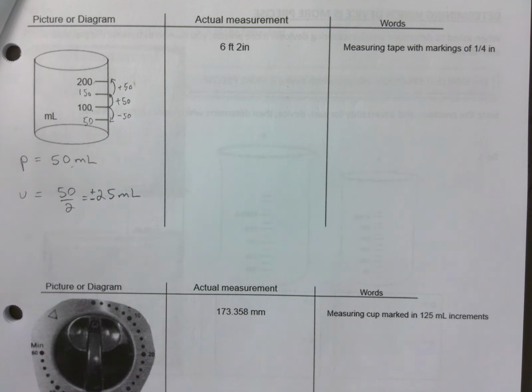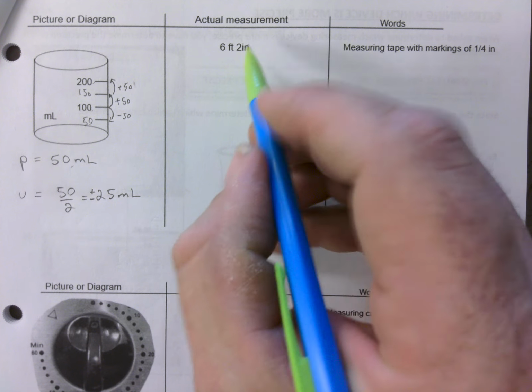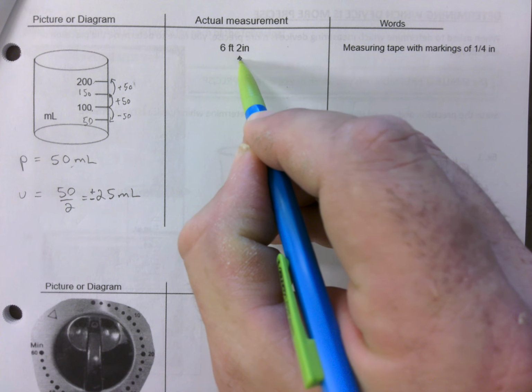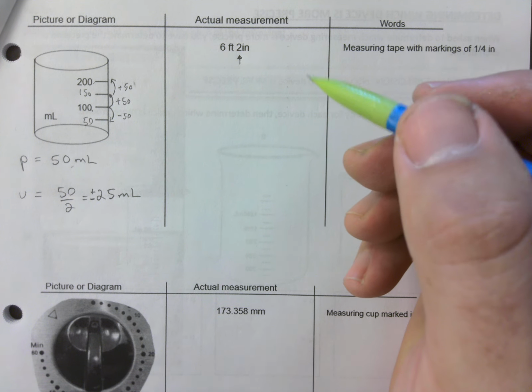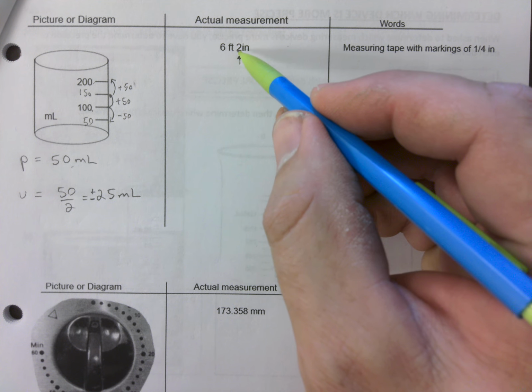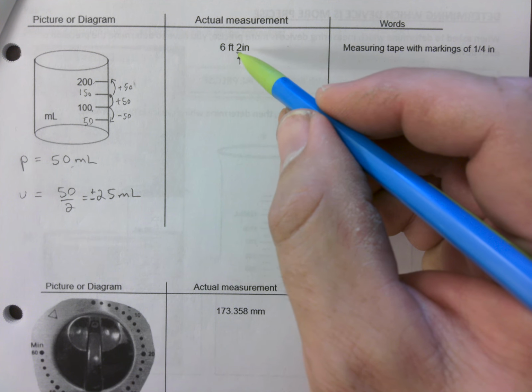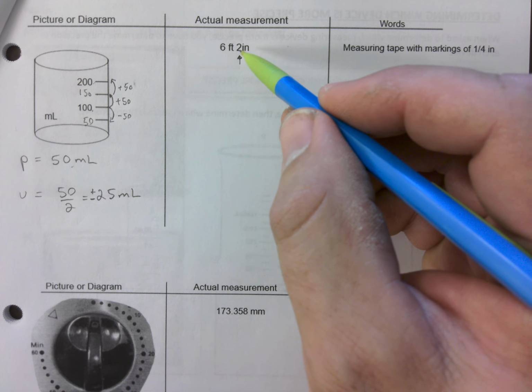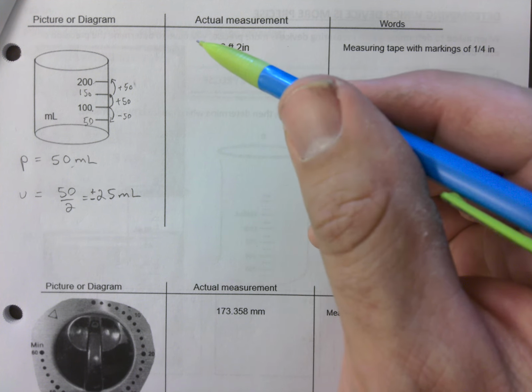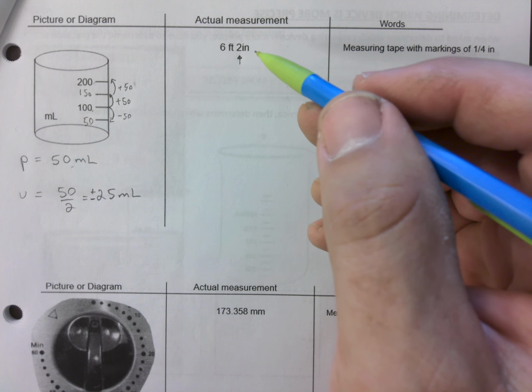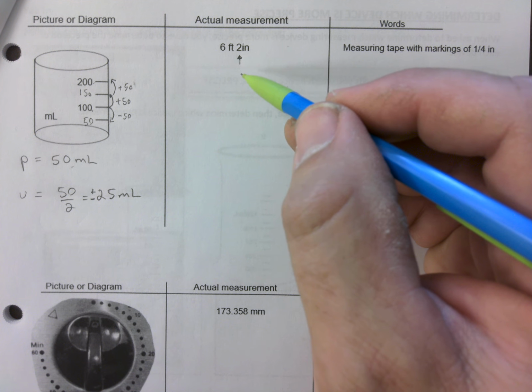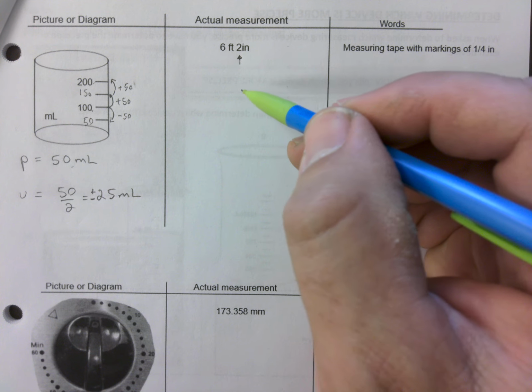6 feet 2 inches. What's the precision here? It's not 2 inches, but what does it go up or down by? If this person was a little taller, we'd go 6, 3. And if it's a little shorter, 6, 1, so it's 1 inch.